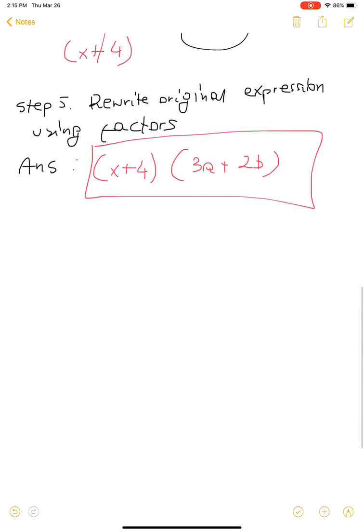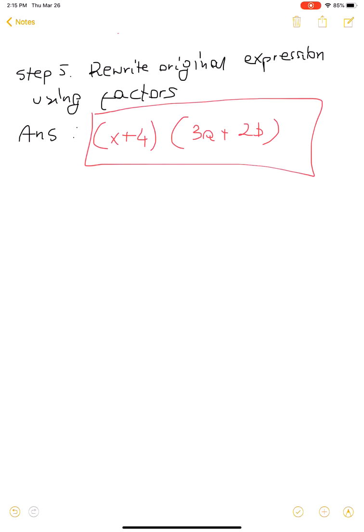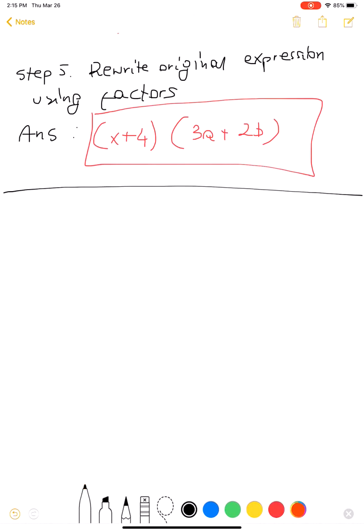Okay, one more example like this and we'll be done. Okay, so that will be example 2, factor by grouping.